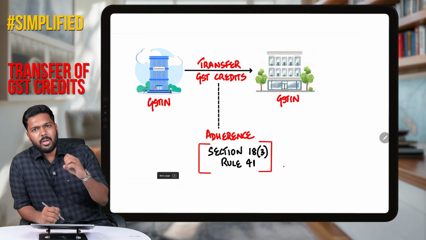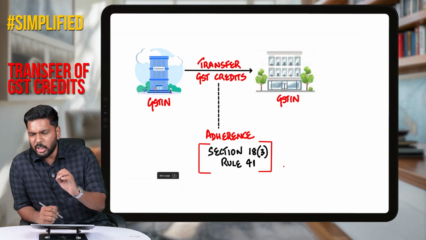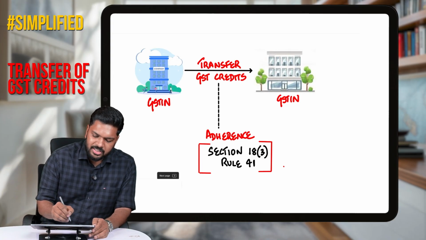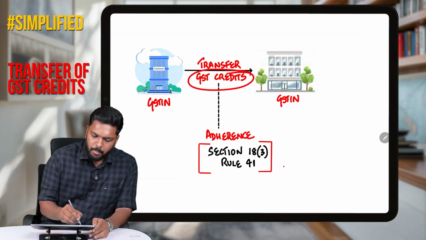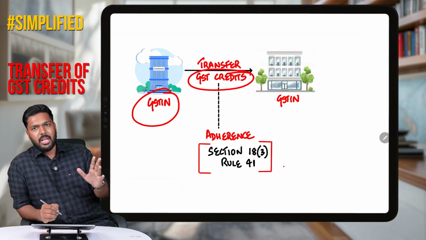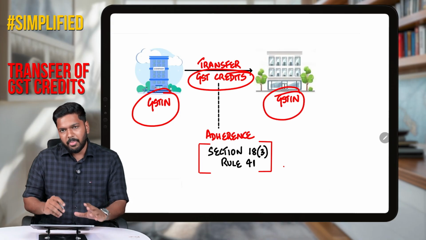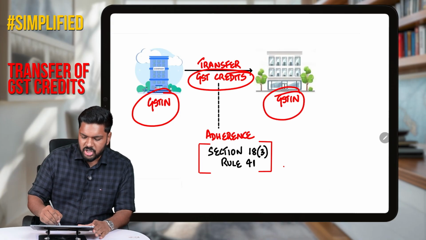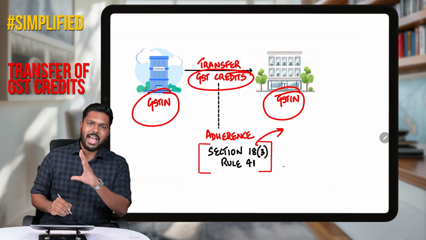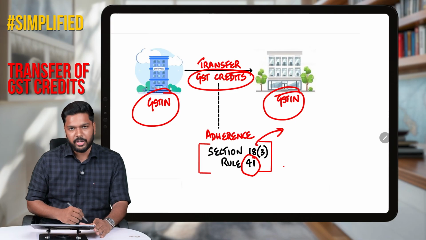So therefore, you have a section and rule talking about the possibility of a transfer of GST unutilized credits by a company or by a business having a GST registration in one state to another business having a GST registration in another state, by adhering to the provisions of Section 18 subsection 3 of the CGST Act 2017 and also following the procedures of Rule 41.